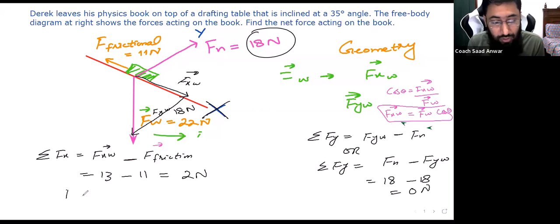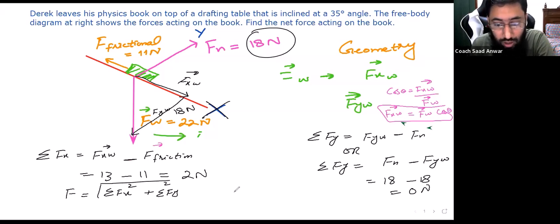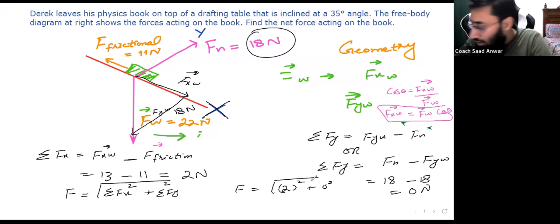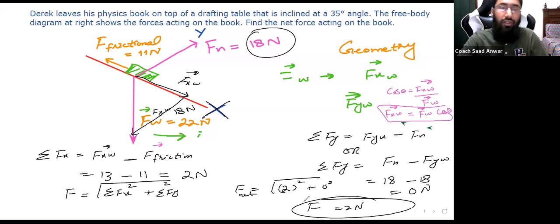So you remember, net force is equal to the square root of sigma Fx squared plus sigma Fy squared. So when you put in the values, 2 squared plus 0 squared, you will be getting the net force. Net force is 2 Newton, and this is the answer.